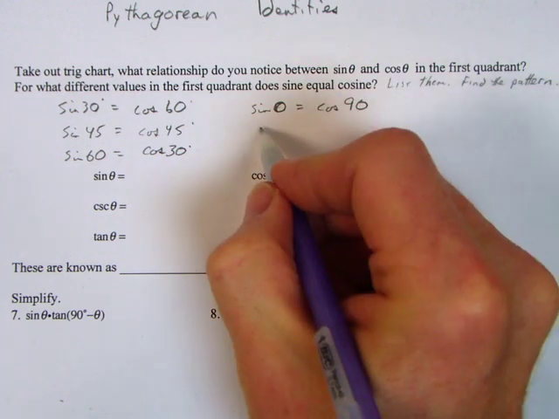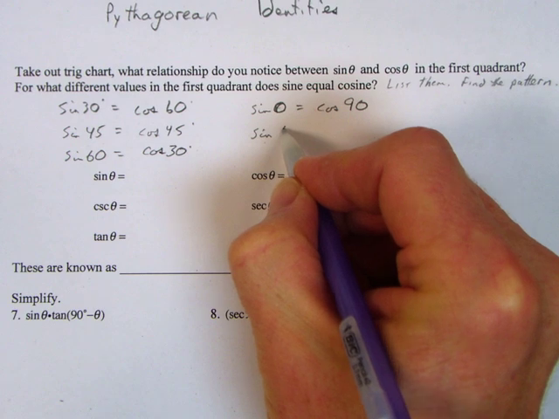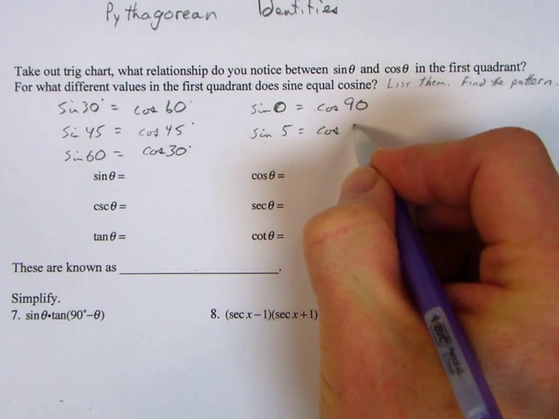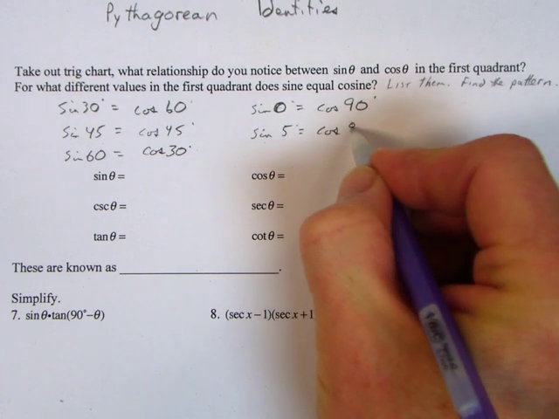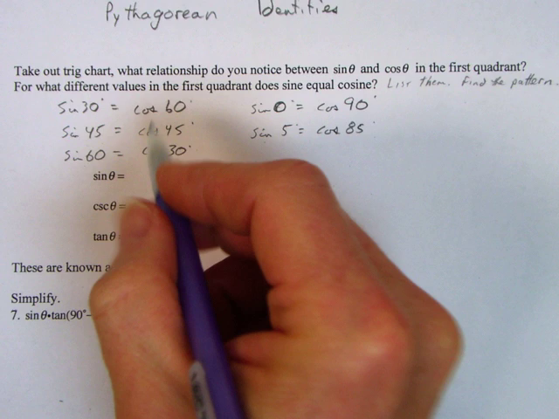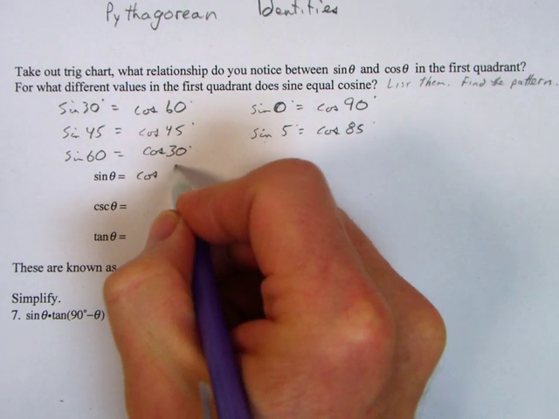What if I gave you the sine of 5? That's not in the unit circle. That would be the cosine of 85. So what's the relationship between there? The sine of theta equals the cosine of 90 minus theta.